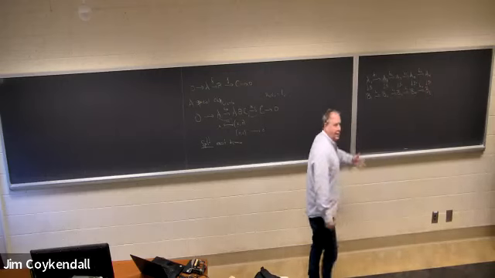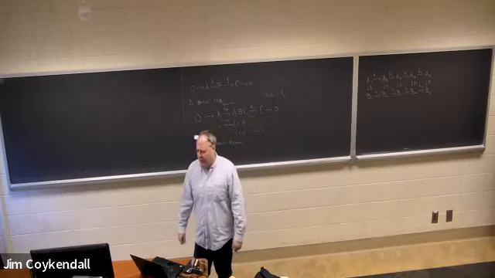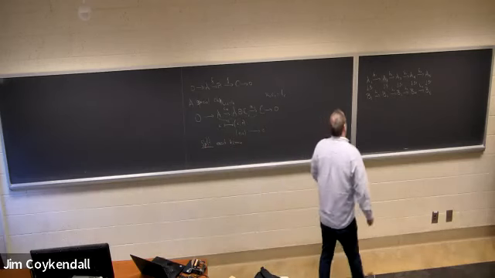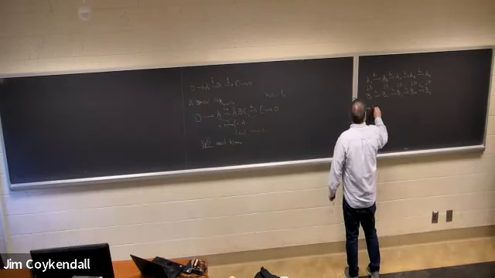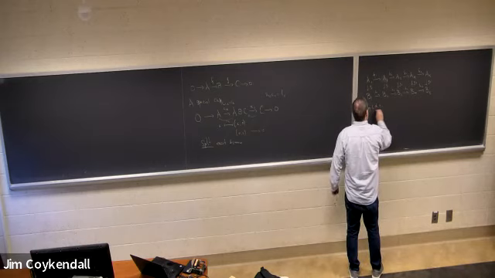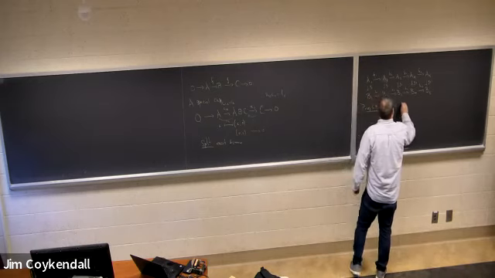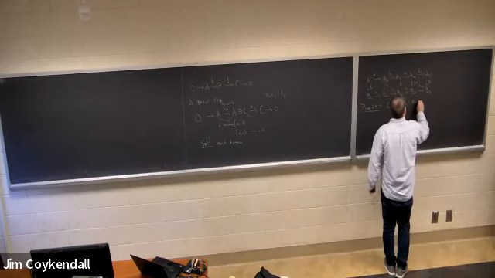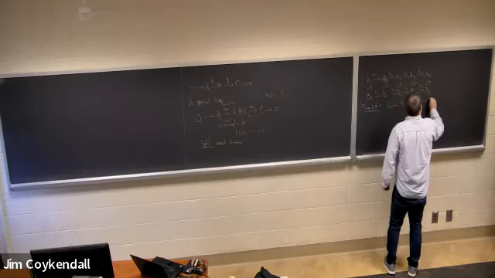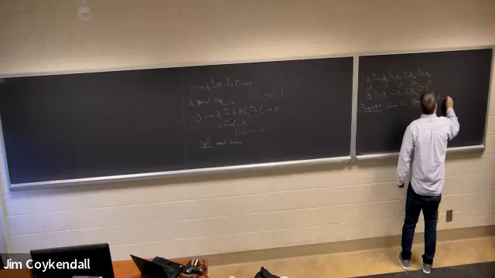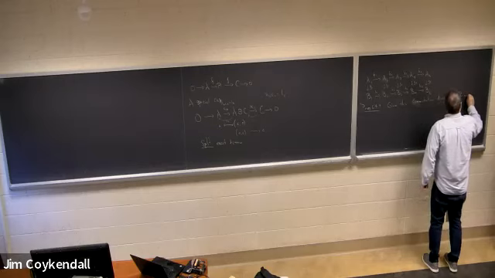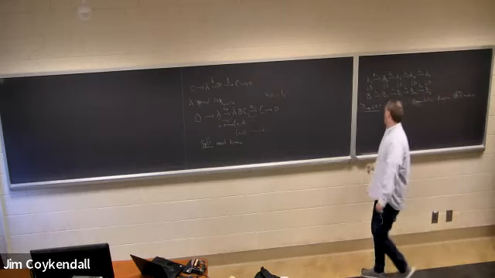I have this big mess. All of these are R modules. This is a commutative diagram of R modules with exact rows.